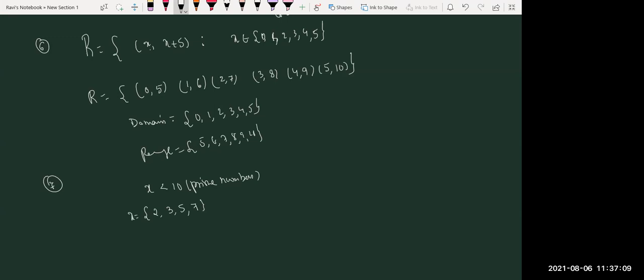These are x values. What's the relation they've given? x comma x cube, sir. That means 2 comma 2 cube, 3 comma 3 cube, 5 comma 5 cube, 7 comma 7 cube.